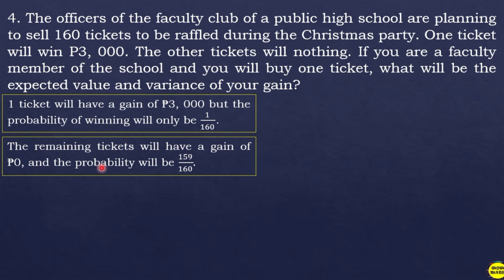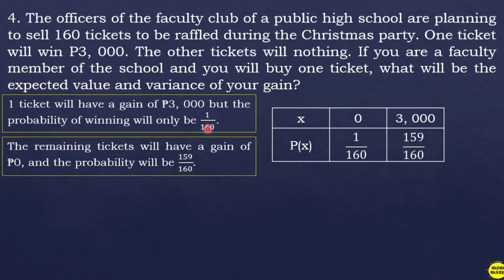And the probability will be 159 over 160, because one of those is the ticket you bought. So, this is the corresponding probability for the remaining tickets, 159 over 160. And the probability of one ticket is 1 over 160. So, if we take the 0, because you will win with one ticket, you will win 3,000.